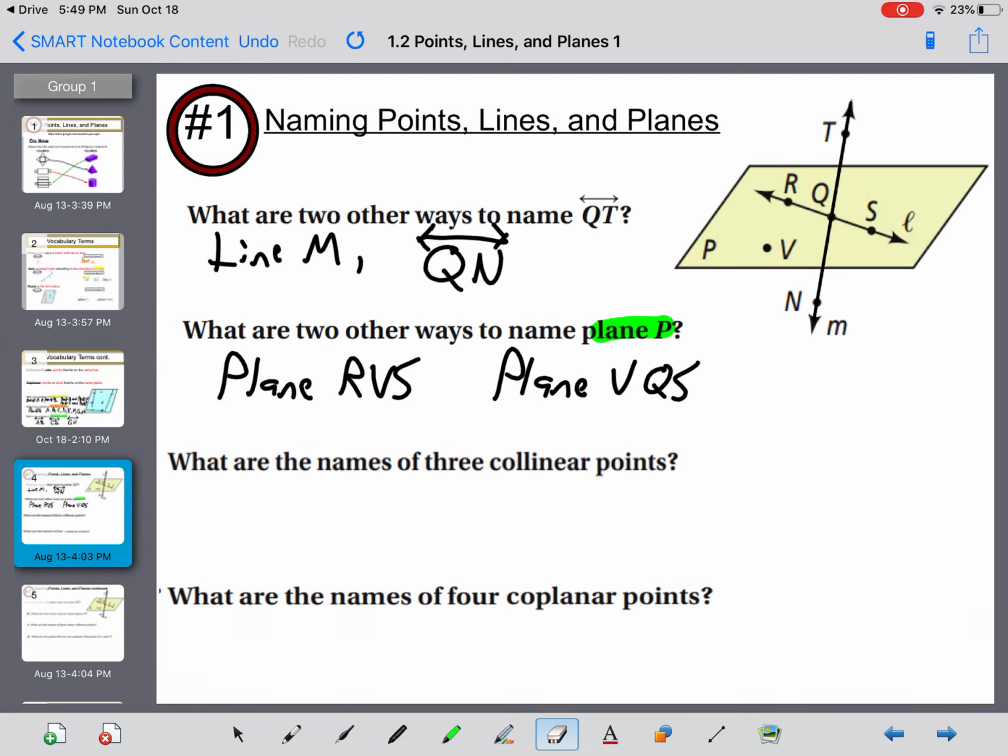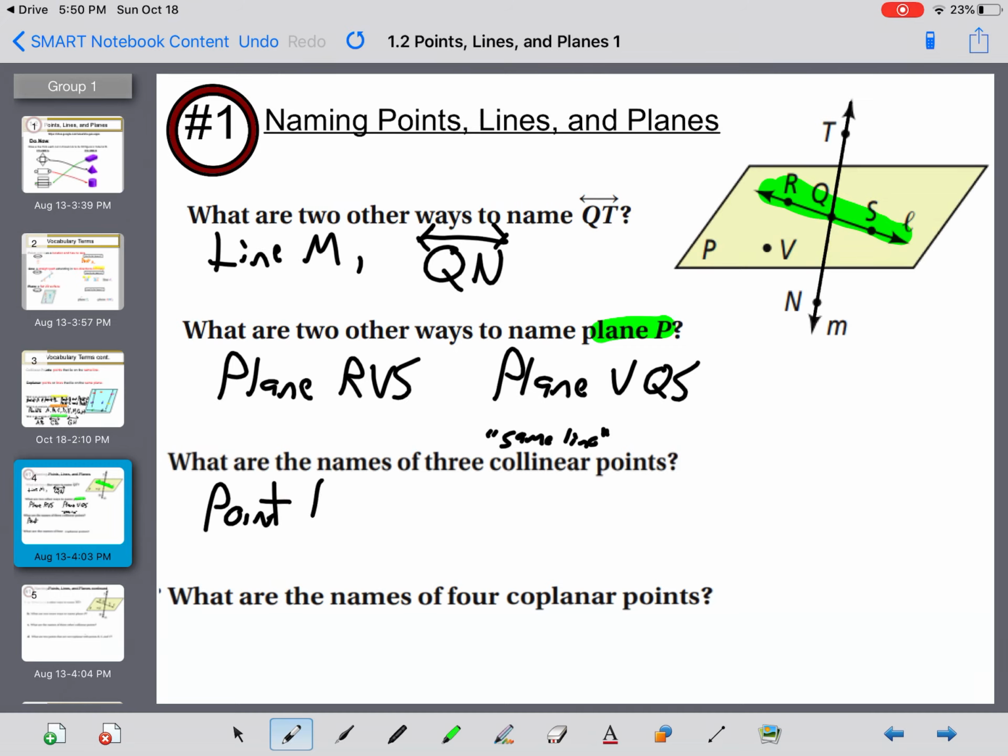What are the names of 3 collinear points? Collinear meaning on the same line. So if I take this given line here, line RQS, what are collinear points on that line?